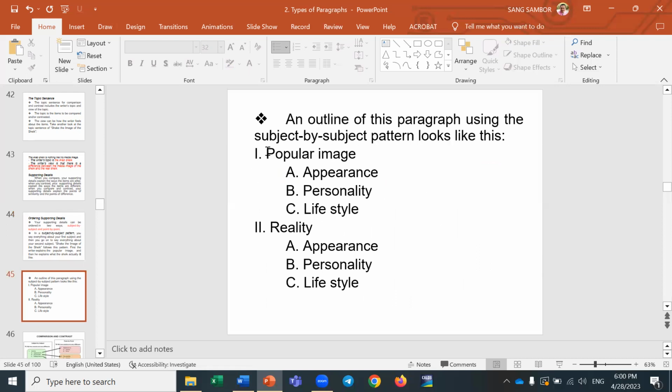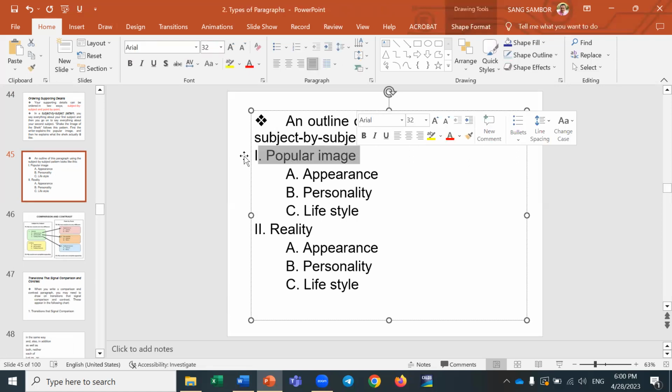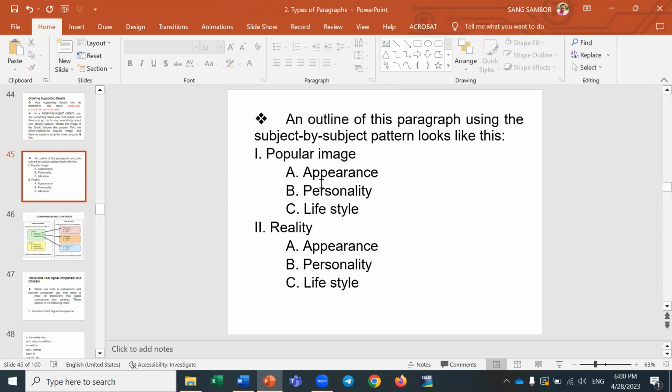Here, this is going to be the point to compare: popular image and reality. You will have to say everything about the popular image, which includes appearance, personality, and lifestyle. This is going to be called the first subject, the first item, and you will include everything about it, and then you move to the second item.